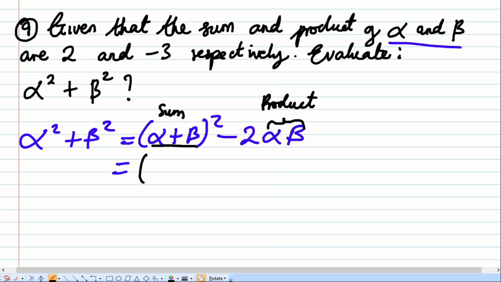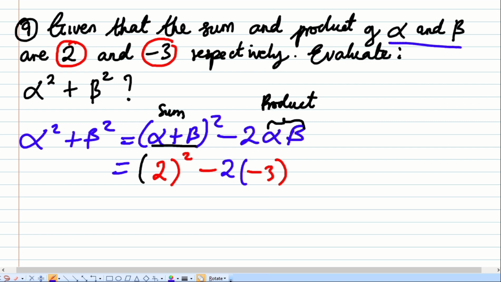Remember from the question, the sum is given as 2. So I'm going to replace it as 2 squared minus 2 times alpha times beta, that will be the product. And from the question, you see that the product is negative 3. So 2 times negative 3. And that's it. So we just simplify.